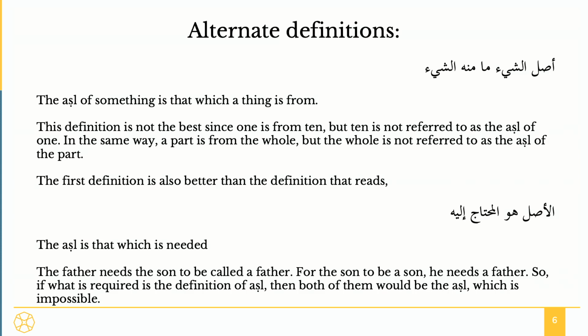But then we don't refer to the son as the asl of the father. And then you can flip it around. In order for the son to be a son, he must also have a father. Then at one and the same time, one entity is going to be referred to as the asl and as the far. And for two mutually exclusive phenomena to exist at one time is what we refer to as impossible, and Allah subhanahu wa ta'ala knows best.